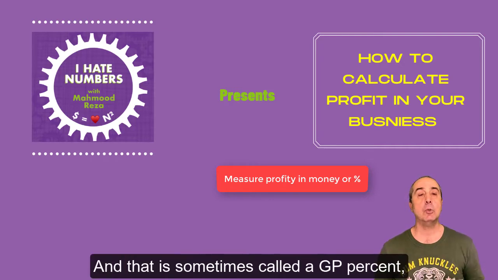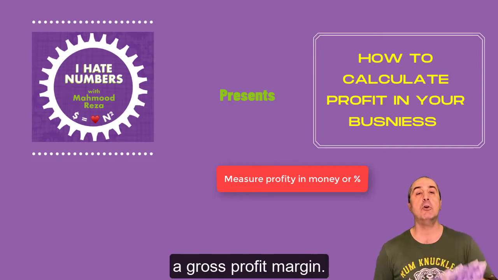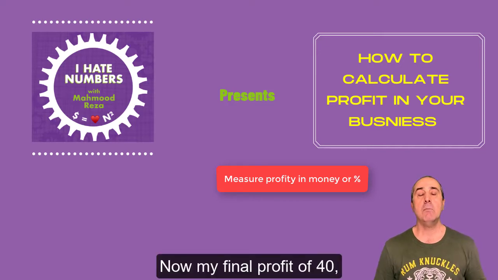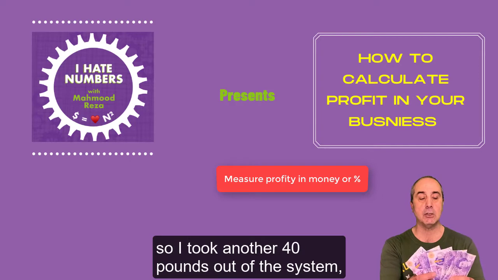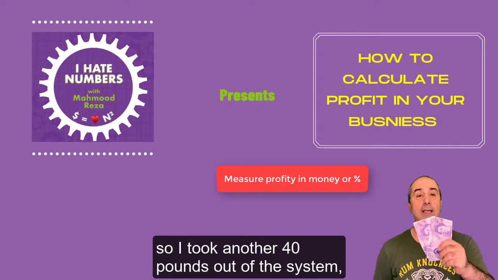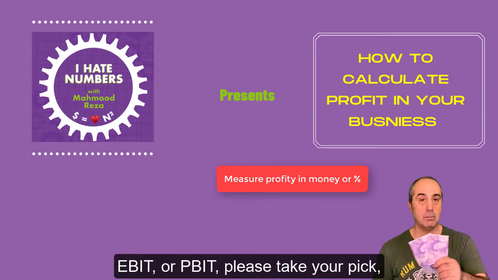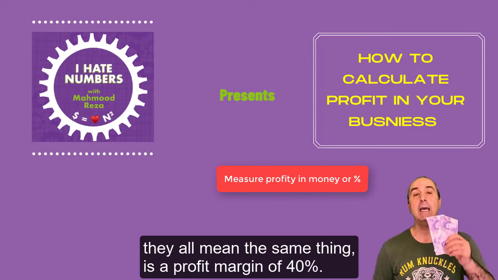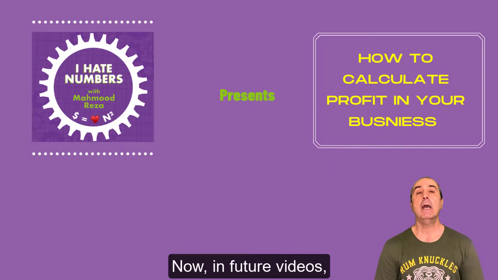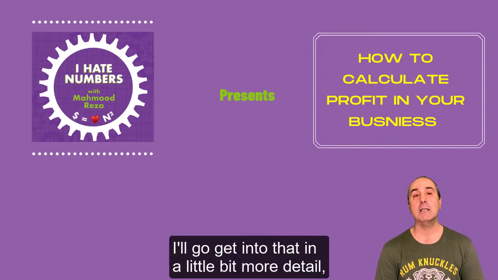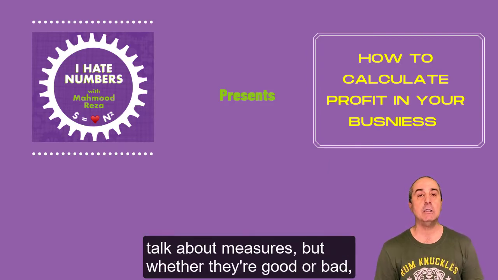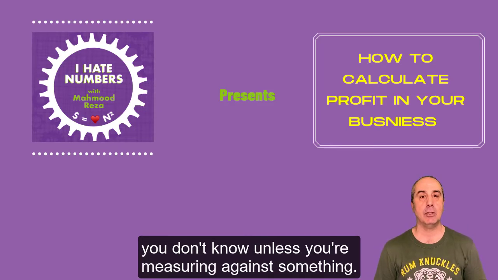And that is sometimes called a GP percent, a gross profit margin. Now, my final profit of 40, so I took another £40 out of the system. That £40 net profit, operating profit, EBIT or PBIT, please take your pick, they all mean the same thing, is a profit margin of 40%. Now, in future videos, I'll go into that in a little bit more detail, talk about measures, but whether they're good or bad, you don't know unless you're measuring against something.